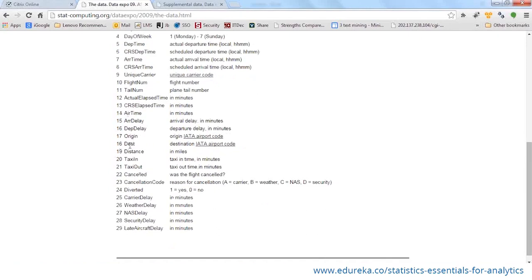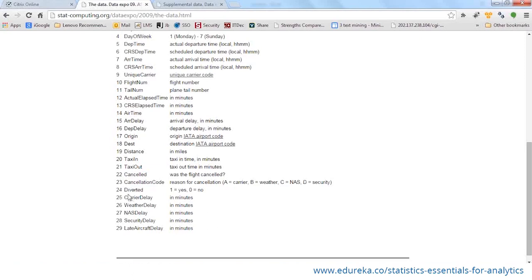From where it is going to where it is going, what is the distance of the flight, and how much time the flight took to go from where it is parked to the actual runway from where it can take off, the actual time it took from where it landed to taxiing so that passengers can get off, whether this scheduled flight was cancelled, and if it is cancelled, it could be due to carrier delays or weather delays or some national agency related emergency, or it could even be a security related delay. And is the airline diverted due to any of this?